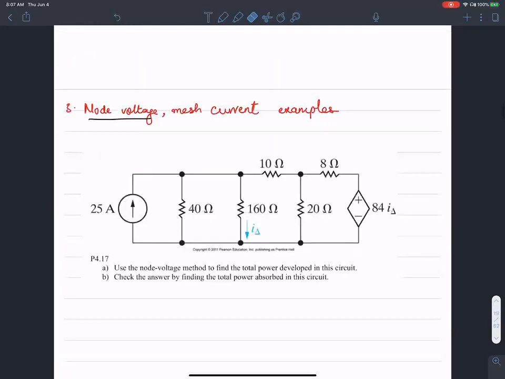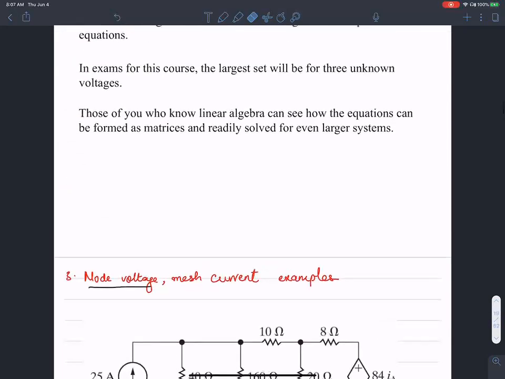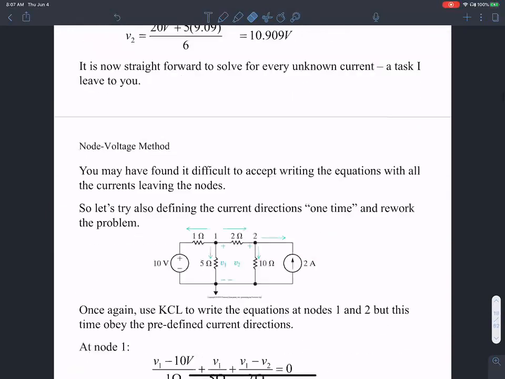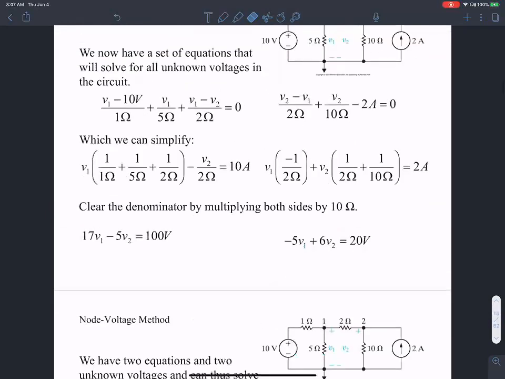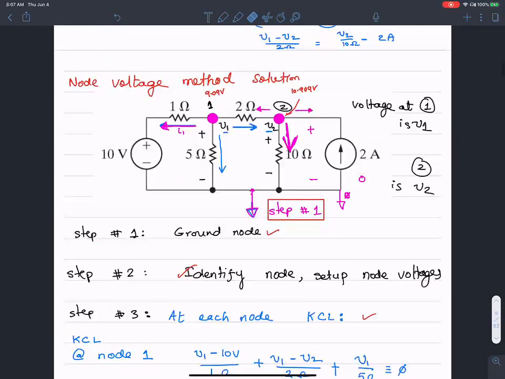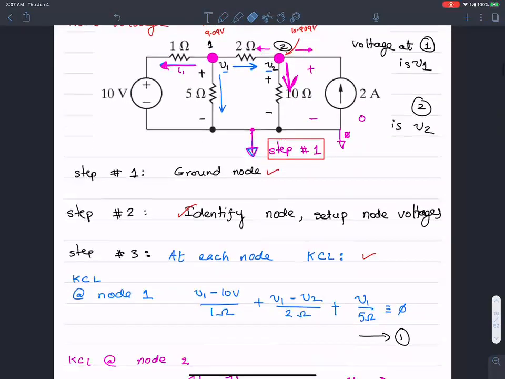Did we or did we not look at this example? We did not look at this example. Maybe we can solve this example. Okay, so in addition to that, we looked at the mesh current method.